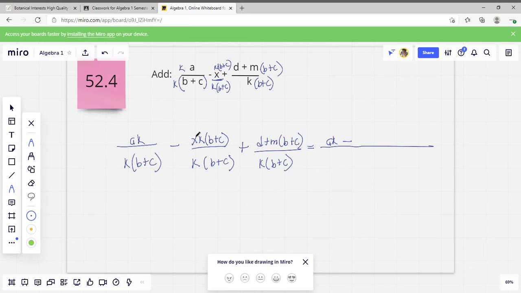So that would be minus xk times b plus c. And then this would be plus d plus m times b plus c. All right, and then down here, this is just k times b plus c. And that's the answer right there.